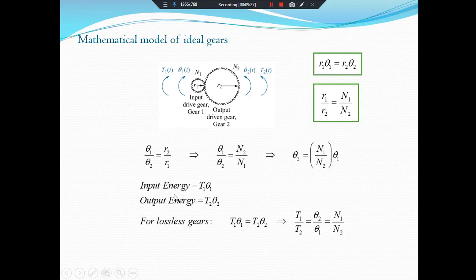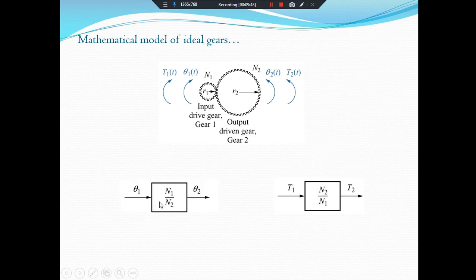As we already know, the relation between theta 1 and theta 2 is N2 by N1, so theta 2 will be equal to N1 by N2 into theta 1. And what will be the value of output torque? As we know, the torque is directly proportional to the number of teeth on the gear, so T2 will be equal to N2 by N1 into T1.